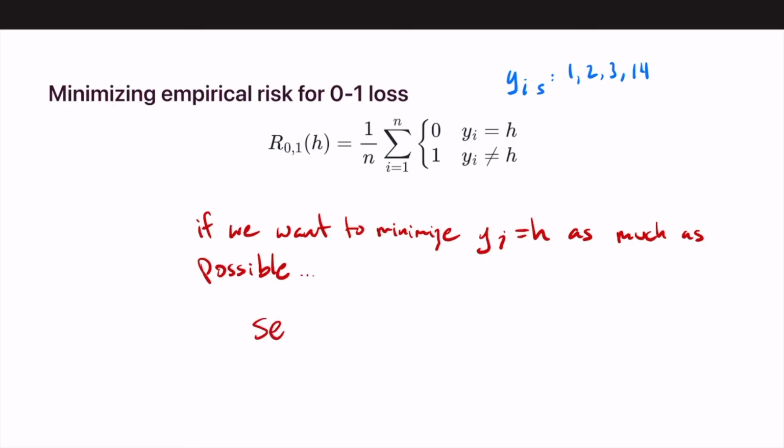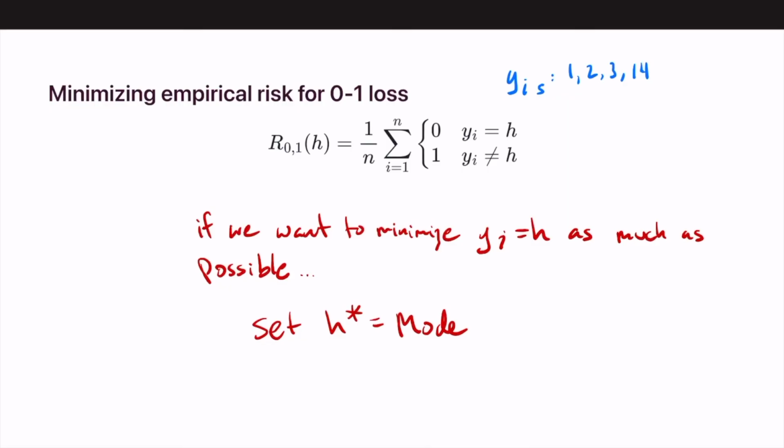Well, we just set h, in this case h star, to the mode, right? Because every time yi equals h, we have 0. So we want to be as close to 0 as possible. So we can get the most amount of zeros if we set it equal to the mode.